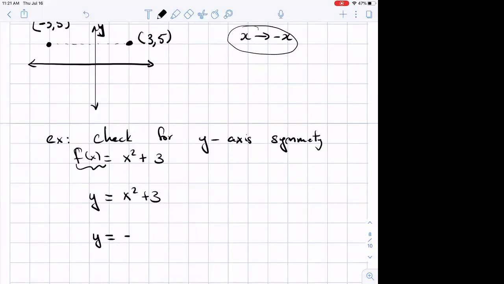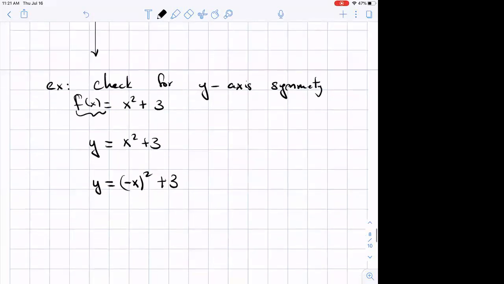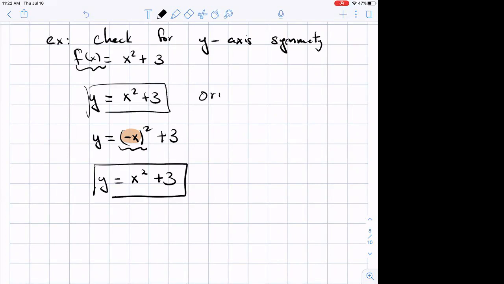So y is equal to (-x) squared plus 3. Do you follow what I'm doing? If you take a negative quantity and you square it, what happens to it? It becomes positive. So this is the same as x squared plus 3. Is this the same as the original? Yes. So if the end product is the same as the original, then there is y-axis symmetry.